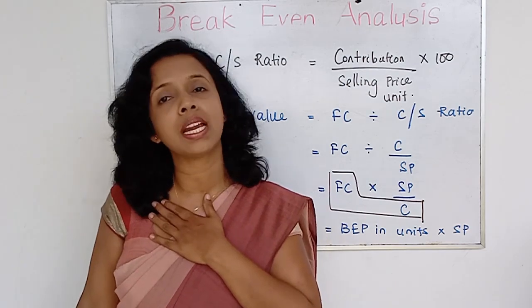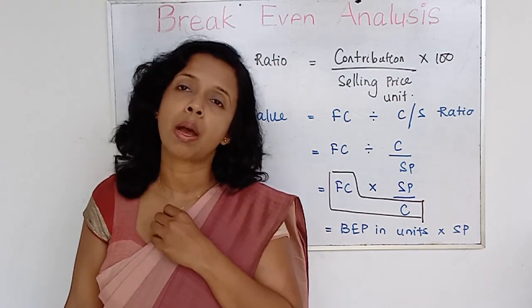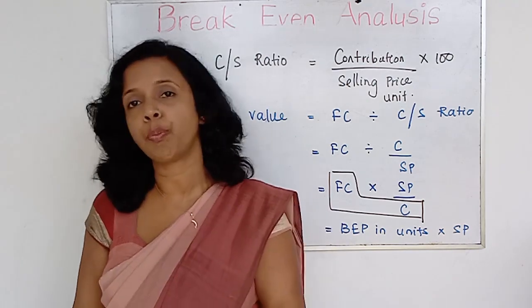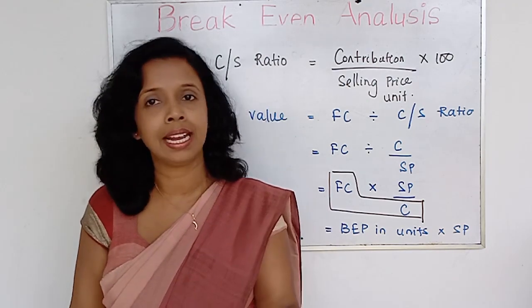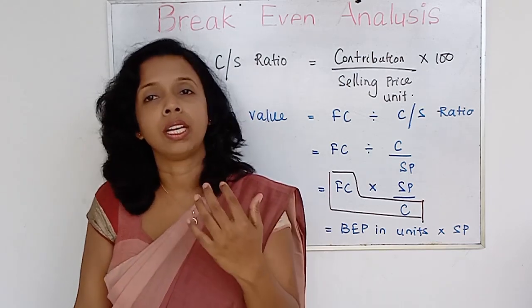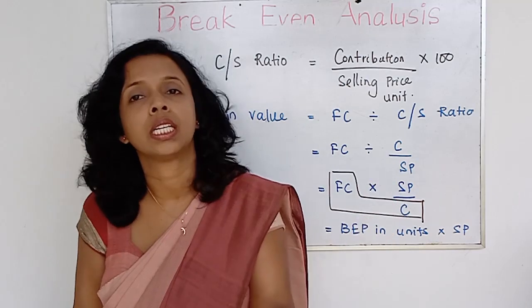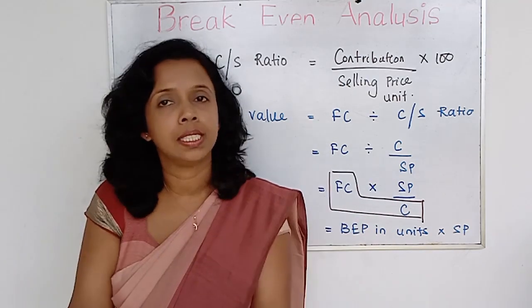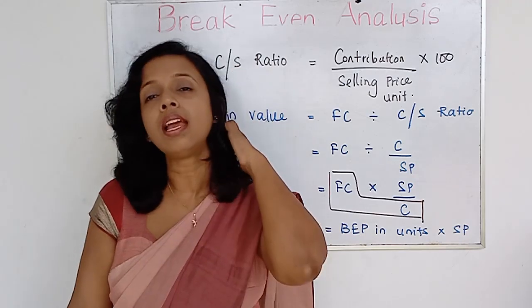So as the unit manager, what do I want to do? Somehow I want to sell the number of units to achieve the break-even point. Otherwise no survival, right? At least I want to cover the cost which I have incurred, or else the head office people have incurred to arrange this branch.